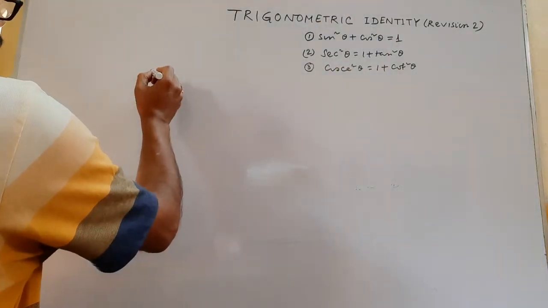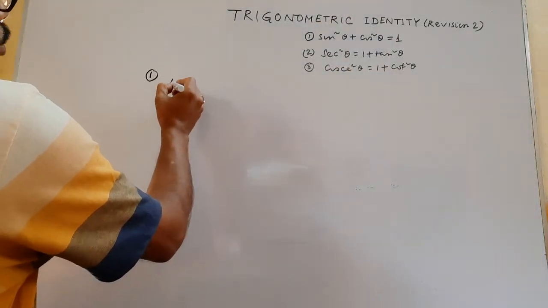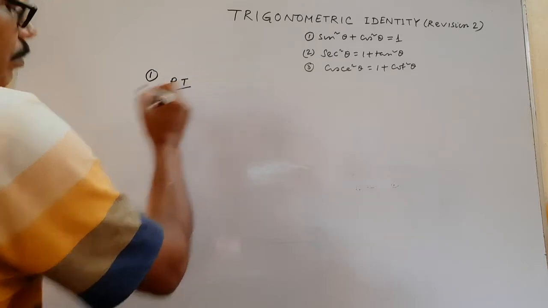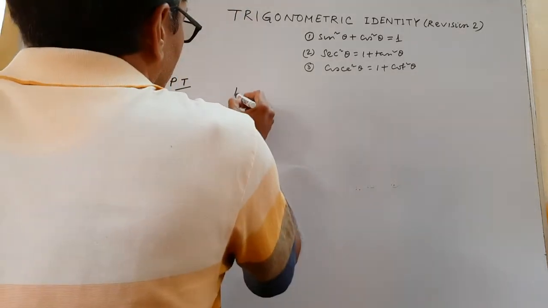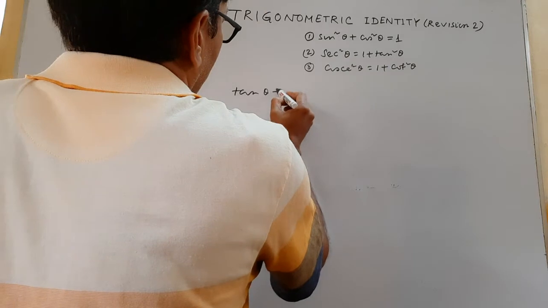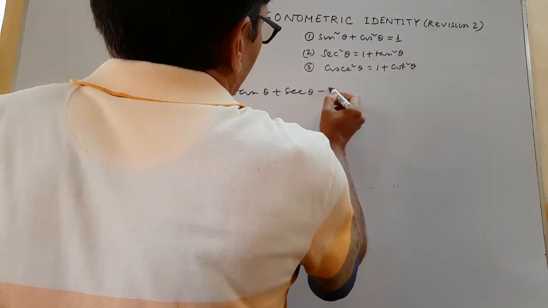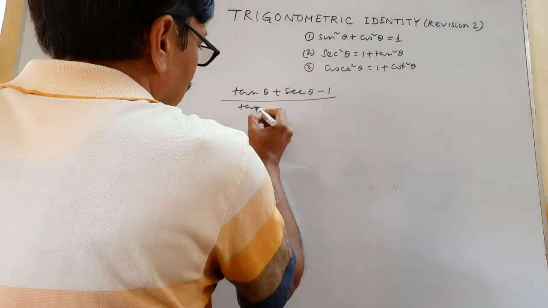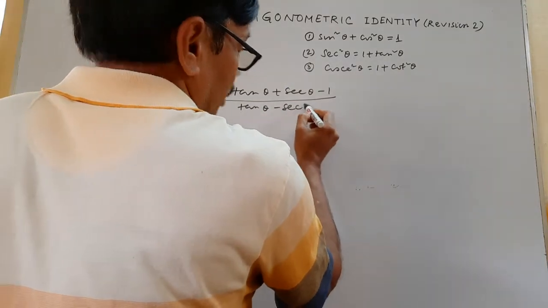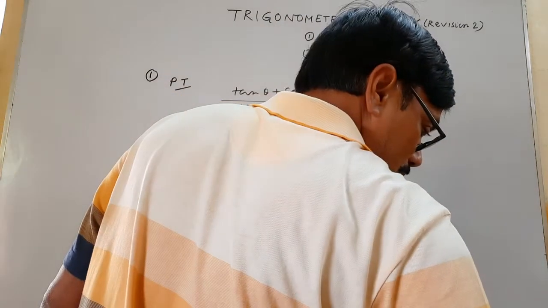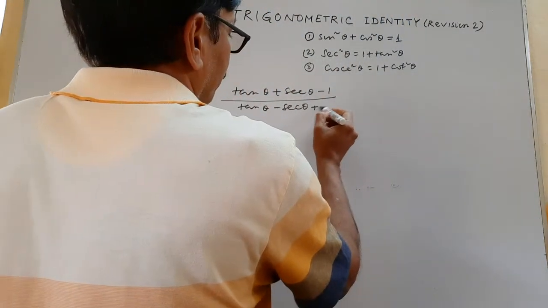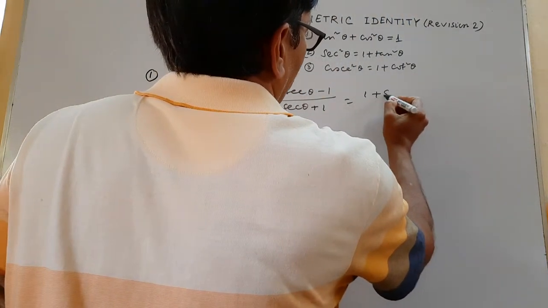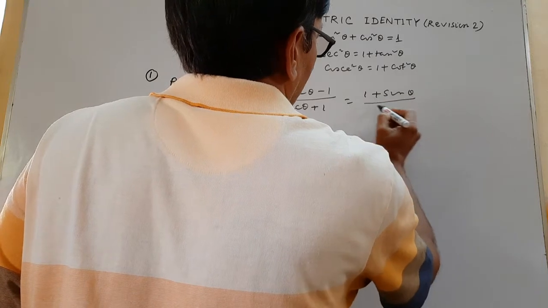Now, a problem. Prove that (tan theta plus sec theta minus 1) by (tan theta minus sec theta plus 1) equals (1 plus sine theta) by cos theta.